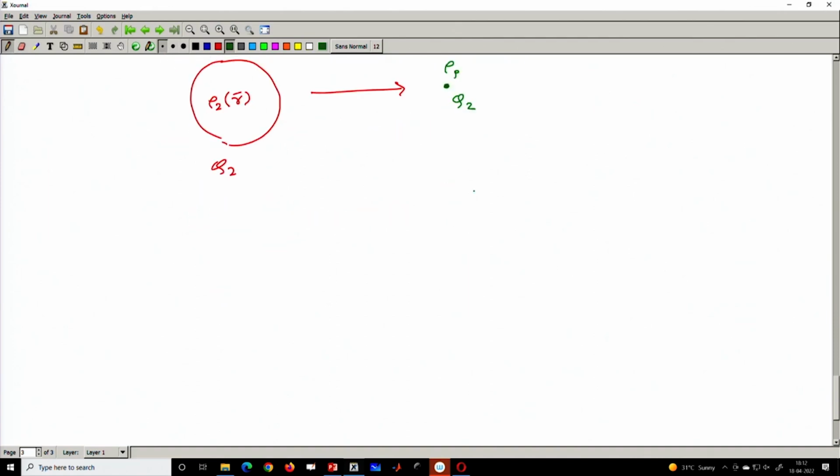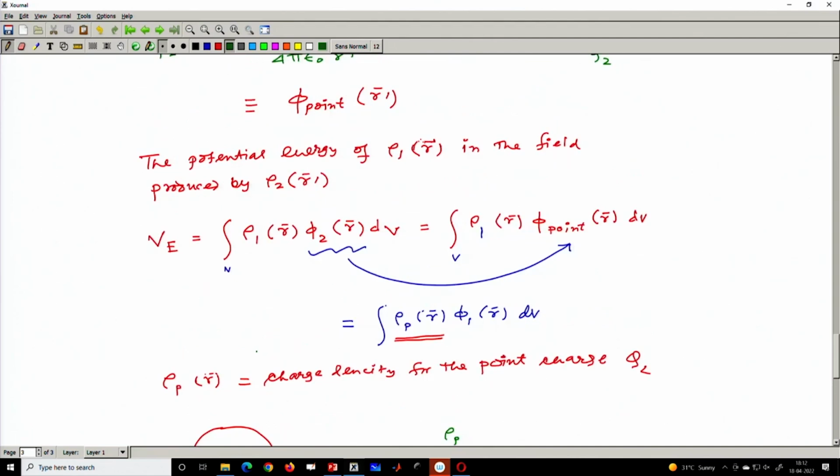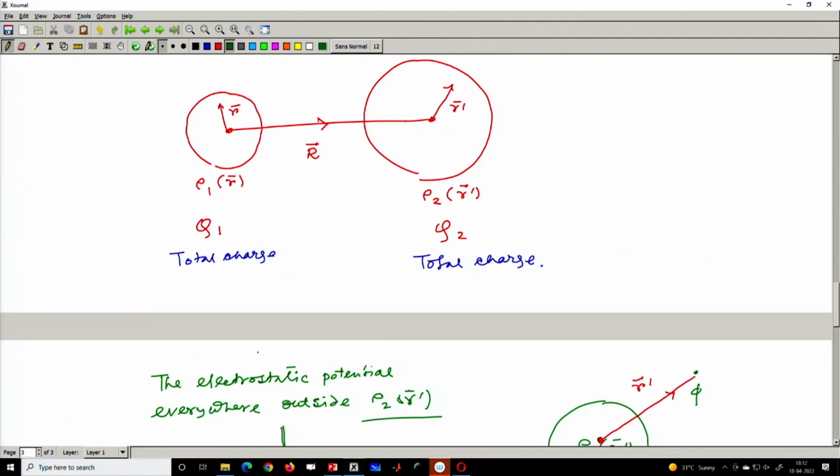Rho p. So, now what is rho p? Point charge density. We know from the delta function definition, this is q2 delta function r minus r, because now q2 is sitting here, at r.